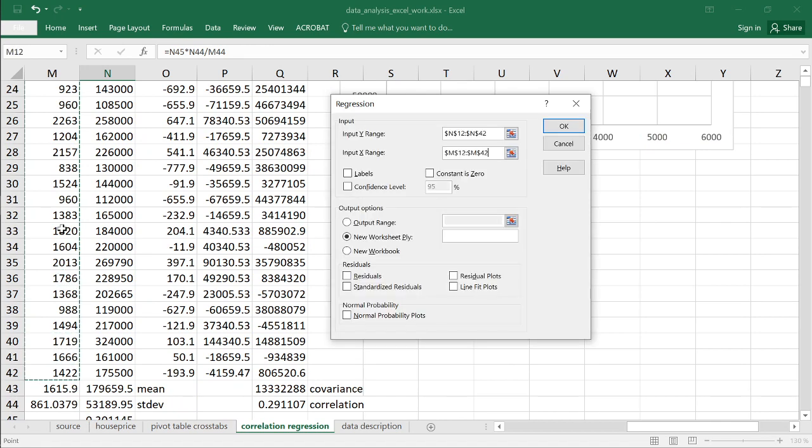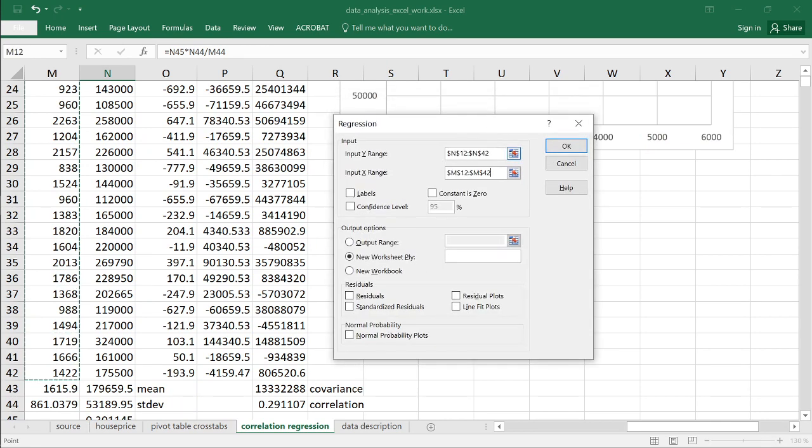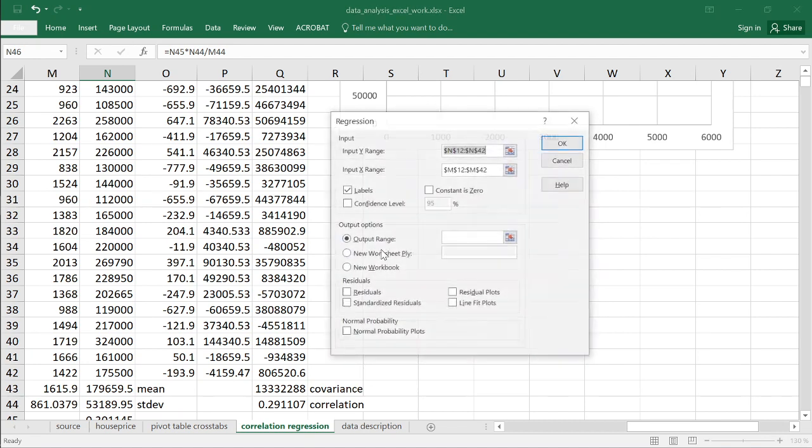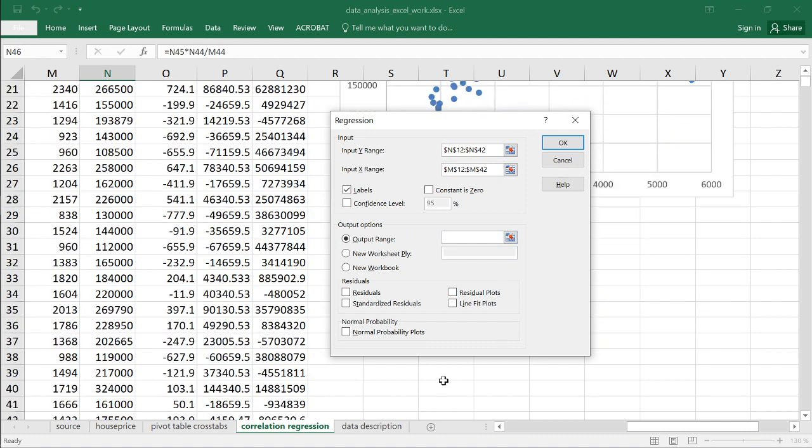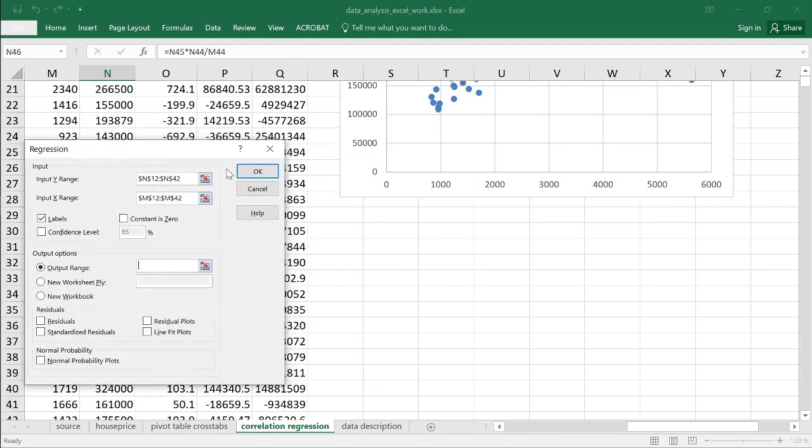It would be the one which we consider as determining the price, at least one of the determinant factors. Later on in another video I will cover several x variables. Since we've included the labels of the names of those variables in the first row, we check the labels, and as the output range, as usual, I'll put that right into this sheet here.